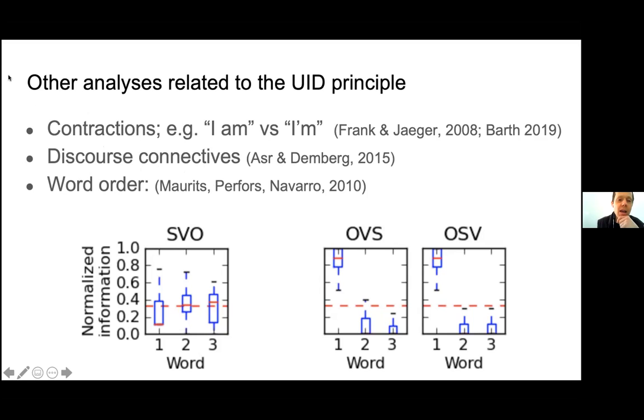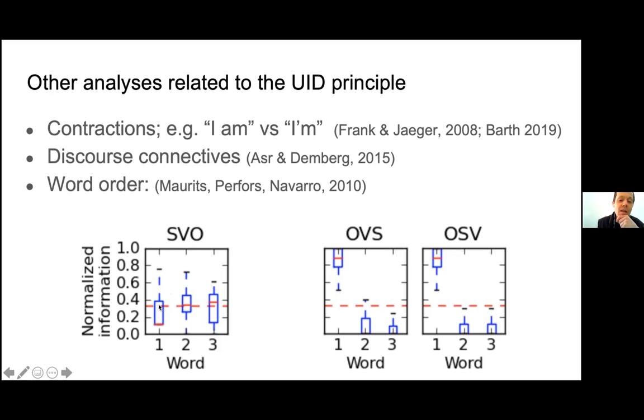And finally, connecting a bit with what John was saying at the end of part 3, there's been some work on uniform information density and word order. And let me show you just a couple of figures from this paper by Moritz and colleagues. So they were computing information contributed by each element in a little triple, subject, verb, object, where those elements appear in some order.